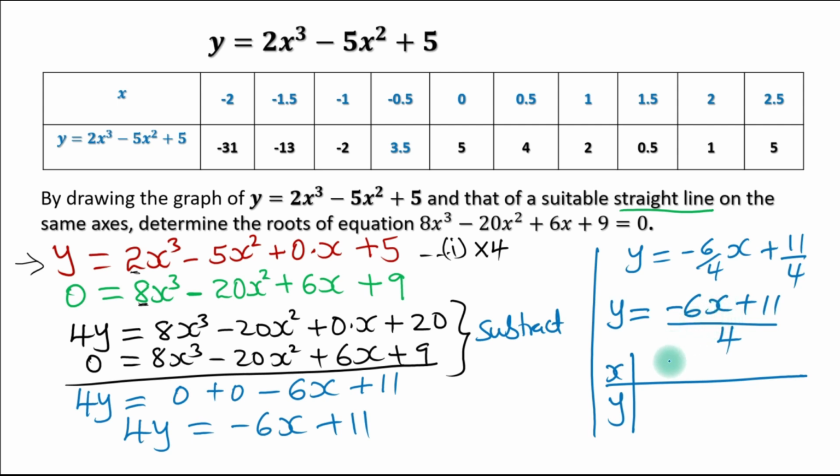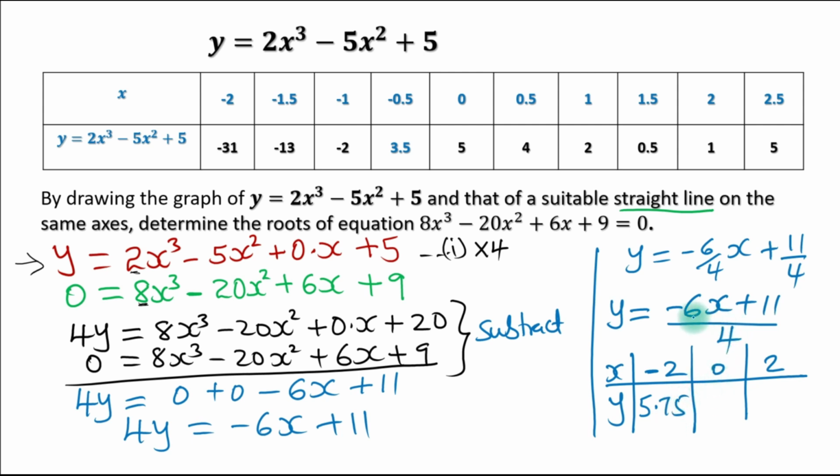So we can at least pick some values like minus 2, 0, and 2. When x is minus 2, we substitute into the equation to get y. Minus 6 times minus 2 is 12, plus 11 is 23. 23 divided by 4 gives 5.75.